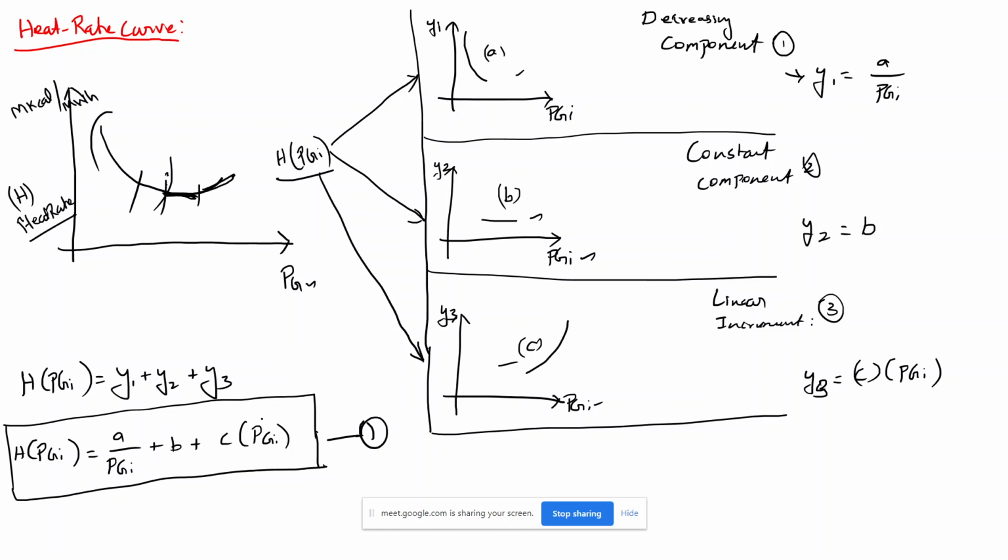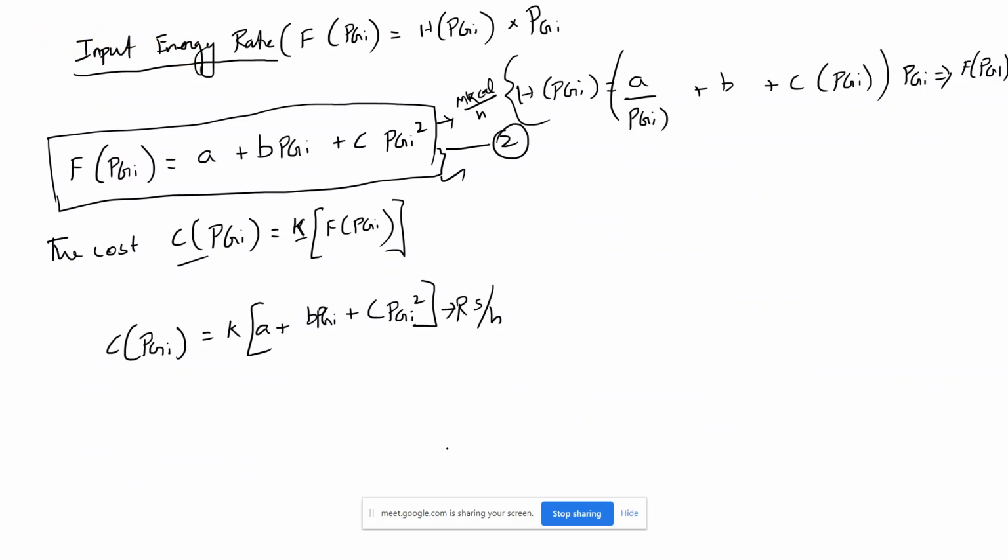The unit of this h is again mega kilocalories per megawatt hour. Here this is mega kilocalories per hour and this is rupees per hour. So we got equation 1, equation 2, and this is equation 3.